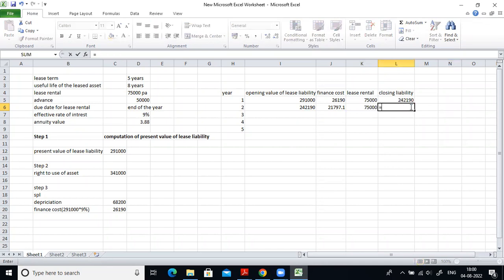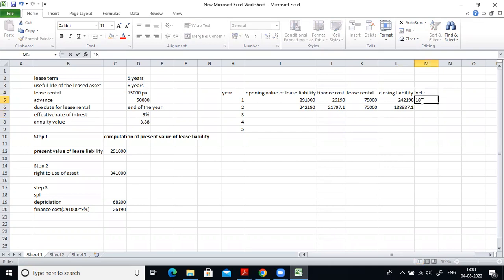So here for the first year we got a closing liability of 2,42,190, and for the second year we got a closing liability of 1,88,987. So the subsequent year closing liability should be considered as the non-current liability for the first year.